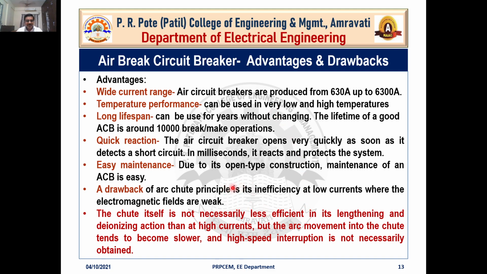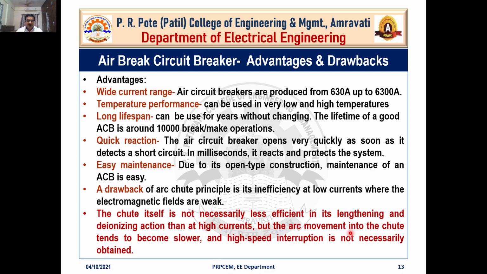Because when it starts moving, the electromagnetic fields are also weaker, and that way the process of entering the arc into the arc chute is somewhat slower. Similarly, another drawback is that the chute itself is necessarily less efficient in its lengthening and deionizing action at high currents.